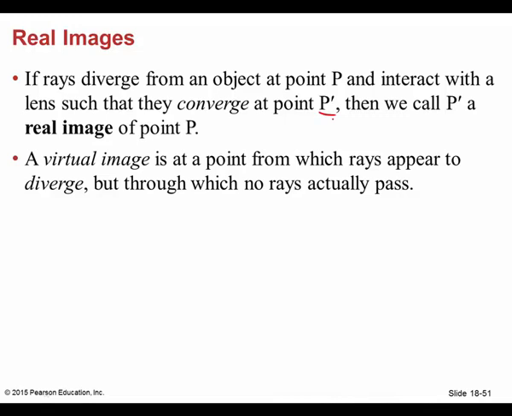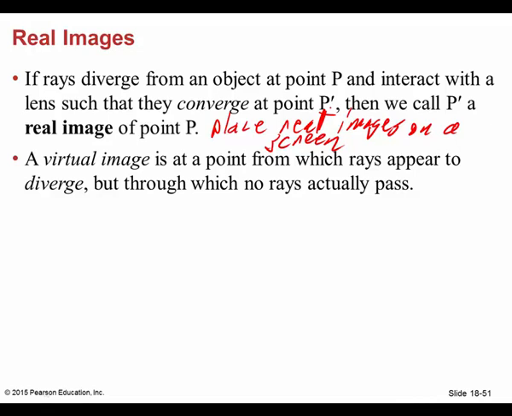And we call that the real image point of point P. Typically we say this: real images can be placed on a screen. Place real images on a screen.